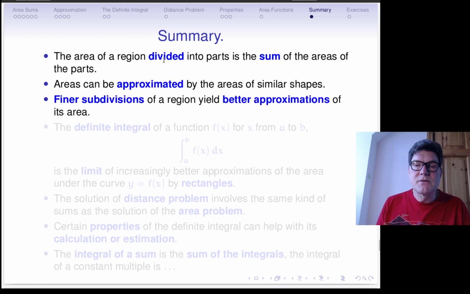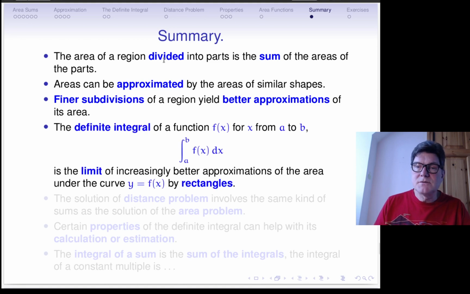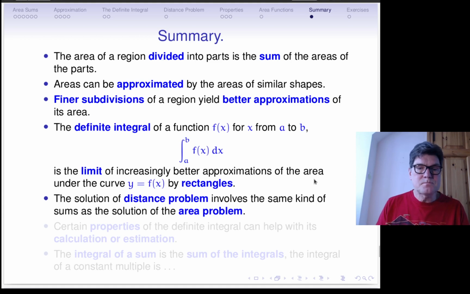Finer subdivisions of a region give us better and better approximations. And using these ideas, we've defined the definite integral of a function f of x for x from a to b, denoted in this way, integral from a to b of f of x dx, as a limit of increasingly better approximations of the area under the curve by rectangles.